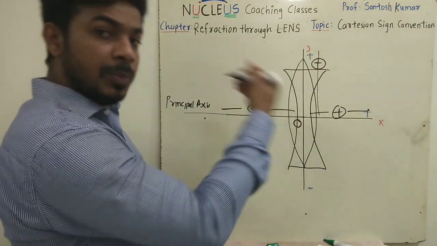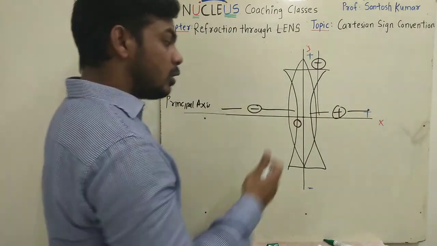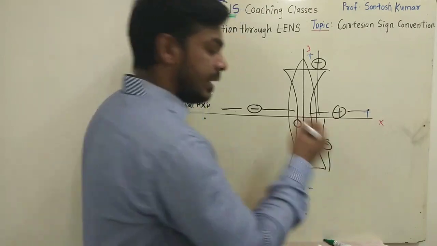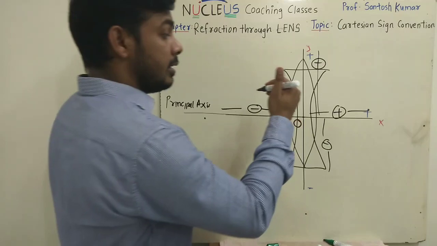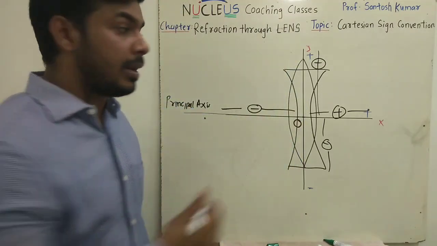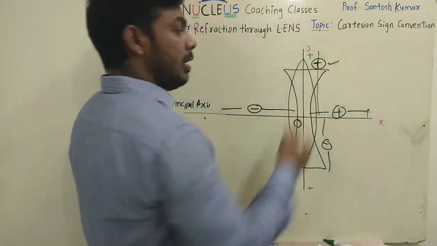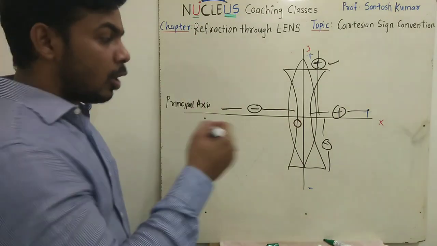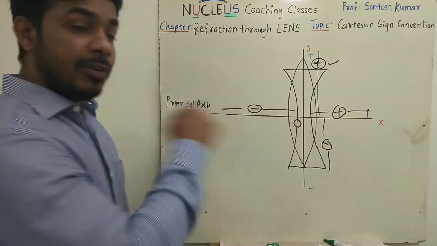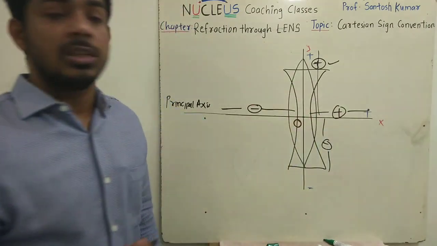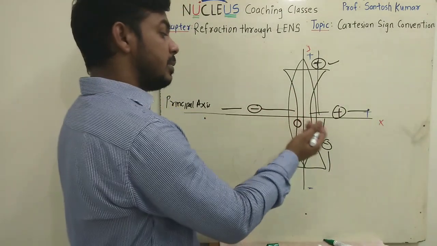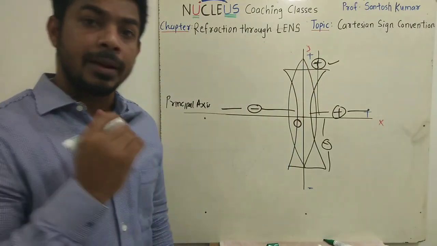The distance measured below the optical center or below the principal axis will be taken as negative. So if I talk about vertical distances, the distance above the optical center or principal axis will be positive. The distance below the principal axis or optical center will be negative. If I talk about horizontal distance, the distance measured to the right hand side of origin will be positive. The distance measured to the left hand side of origin will be negative.